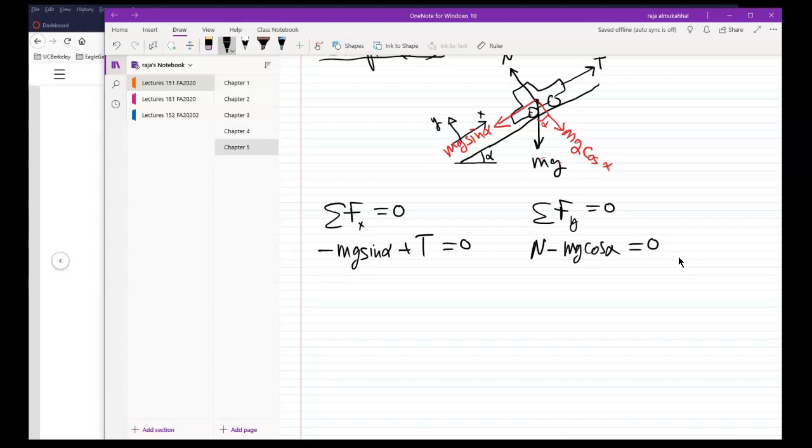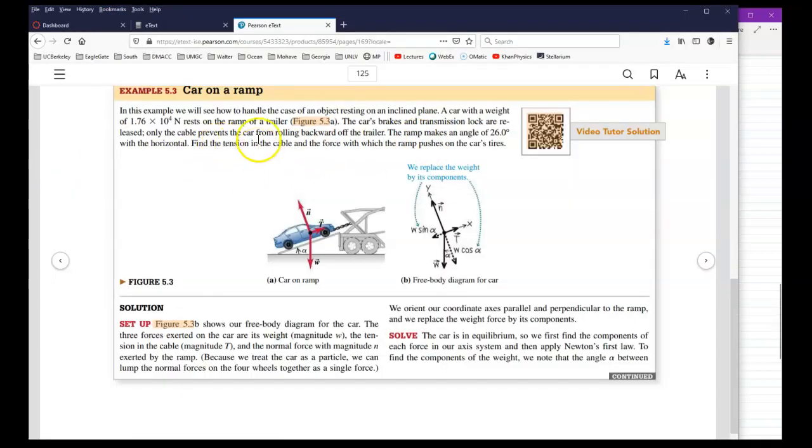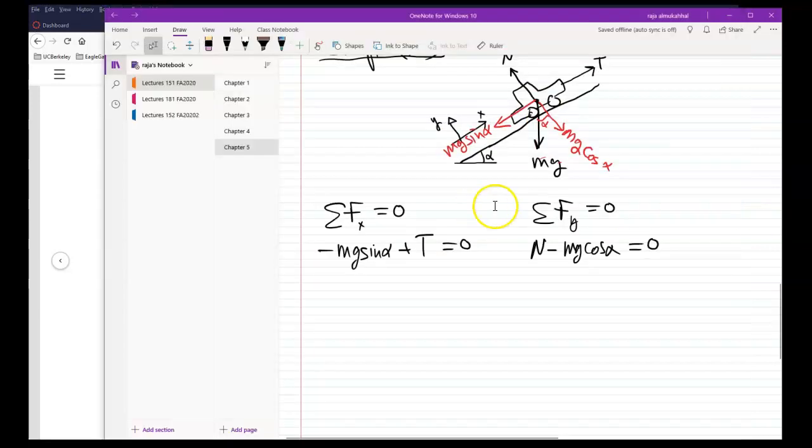Okay? And he wants, I forgot what he wants. He says, find the tension in the cable. All right, T. I think we have everything. I can find the normal with this one, but he's not asking for it. I can find the tension. So from this equation right here, the tension is going to be equal to mg sine alpha.